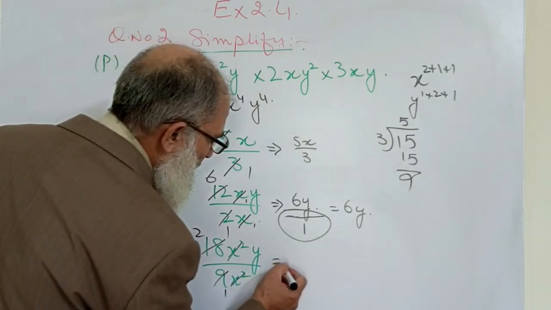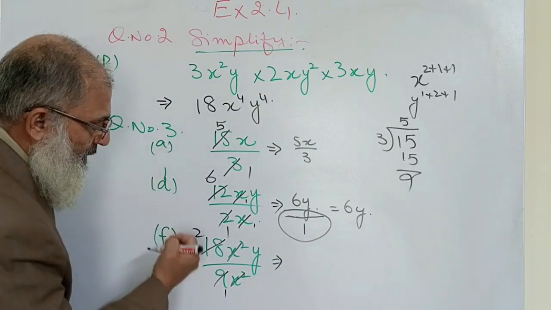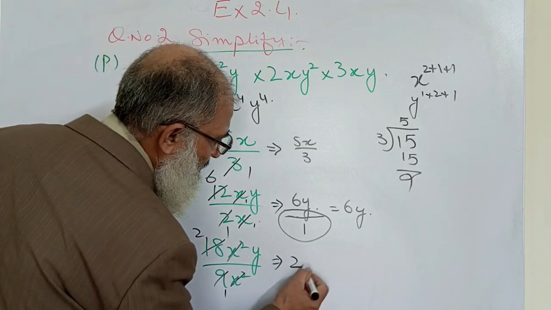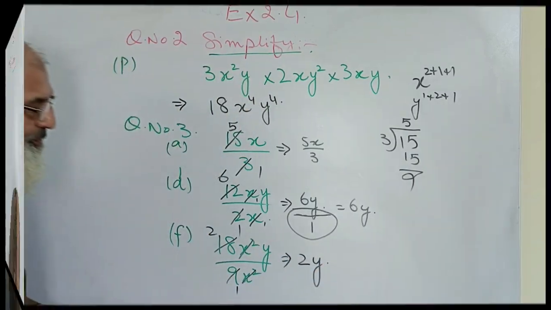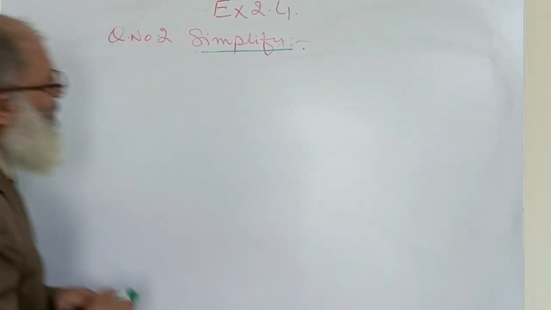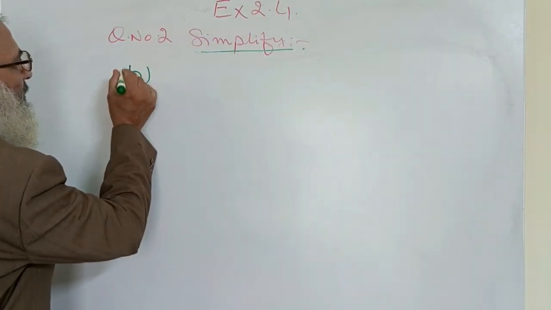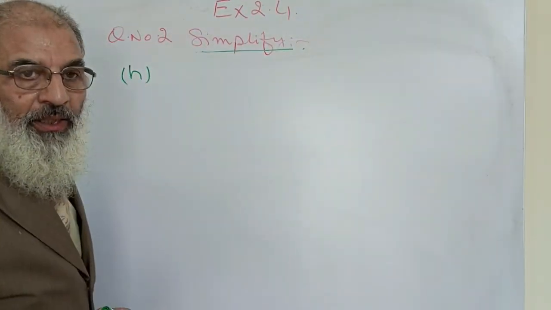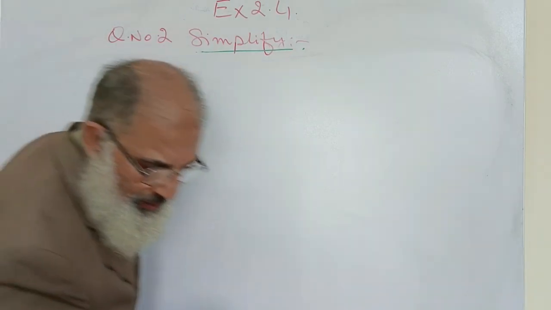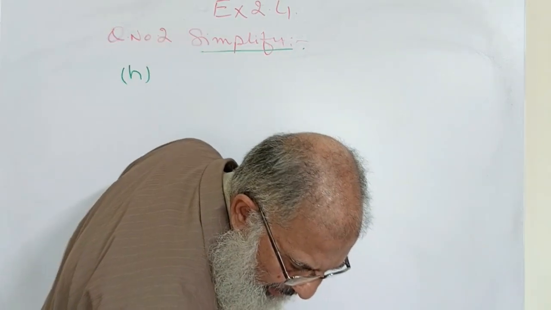Now what is the outcome over here? 2y. An interesting part. Now we have come with a larger denominator, and that is part H.